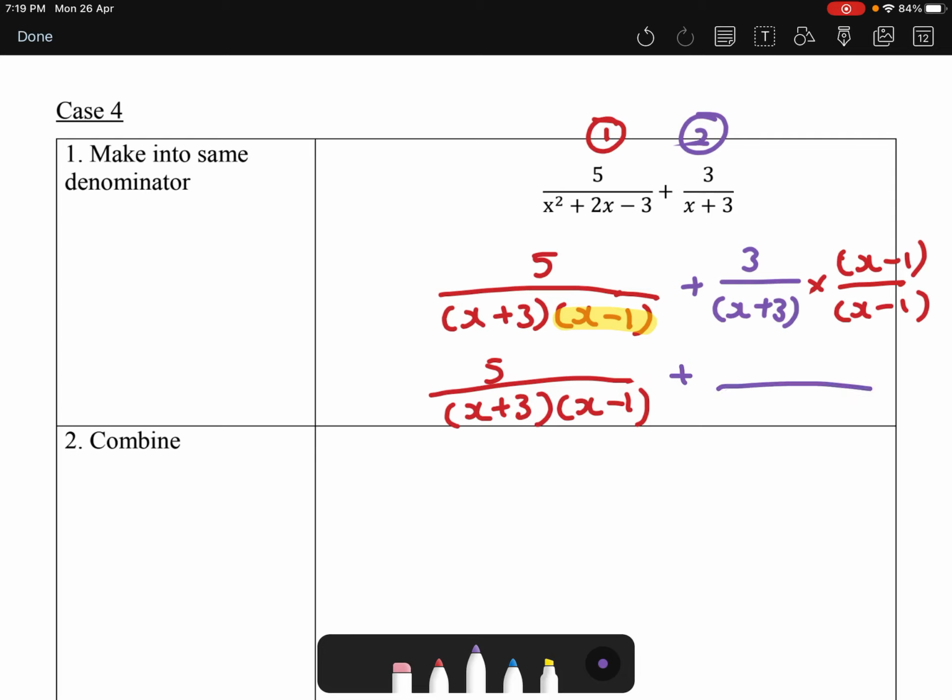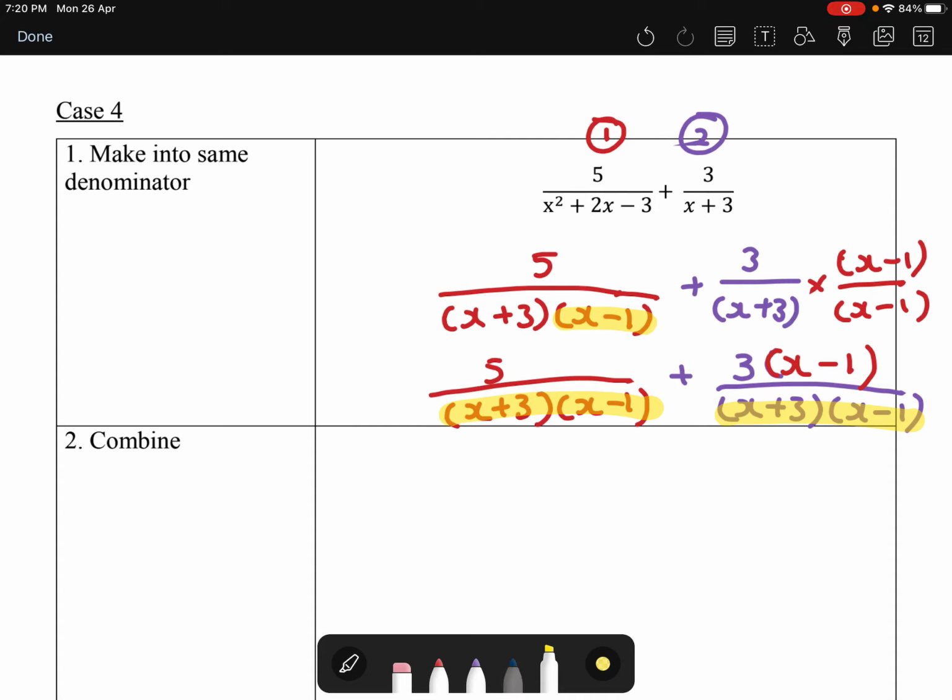Then you plus. For the second term, it now becomes x plus 3 bracket x minus 1 bracket, then at the top, 3 multiplied by x minus 1 bracket. Notice that the first and second term now have exactly the same denominator.